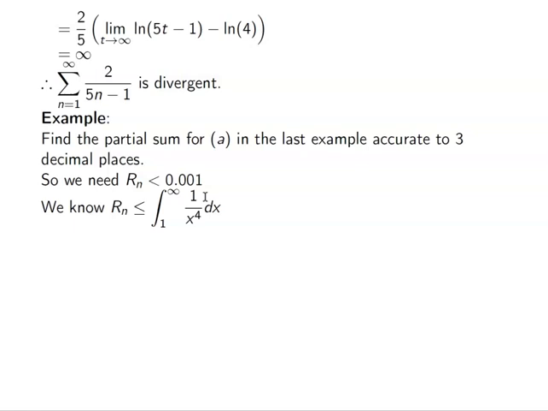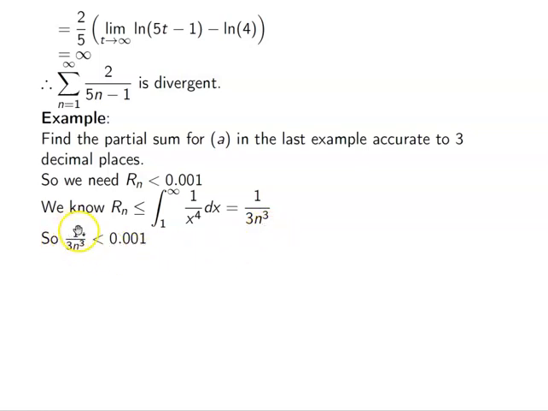So that remainder, so I need to figure out how many things do I need to add up, right? I know that the remainder is less than the integral from 1 to infinity of 1 over x to the 4th. Right here, my n is starting at 1. This integral is 1 over 3 n cubed.